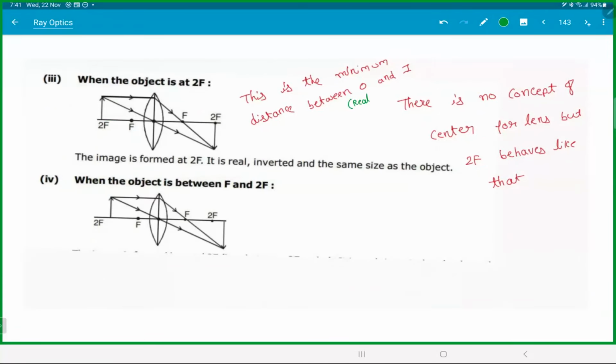The real image and real object. That would be a good theoretical question. Find the minimum distance between an object and image in a lens.